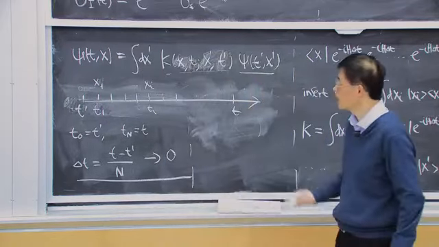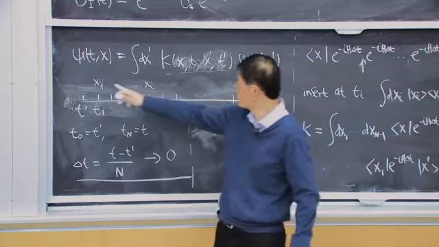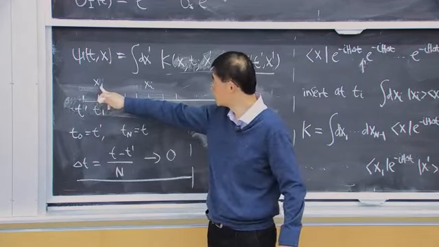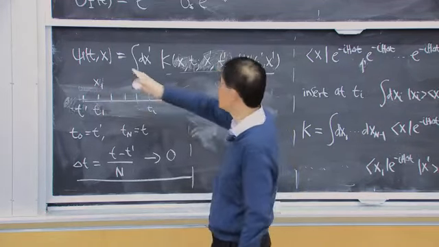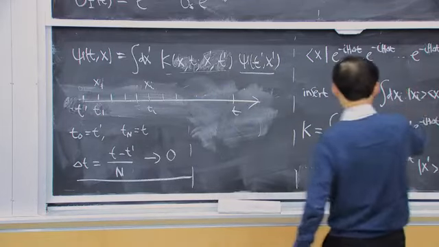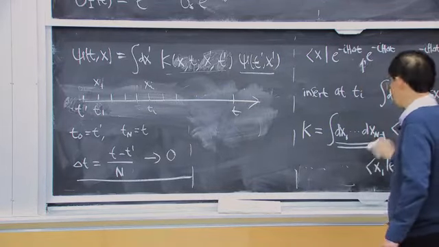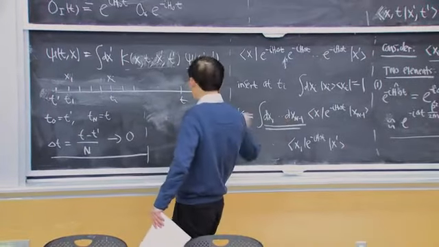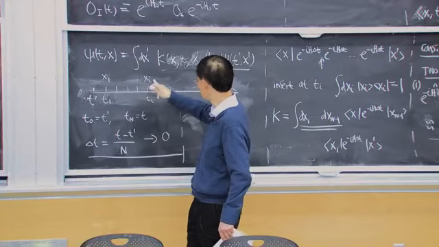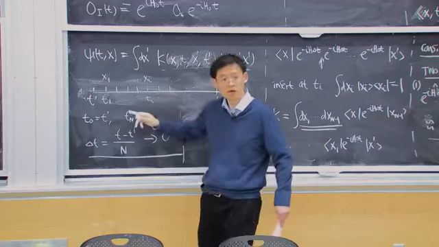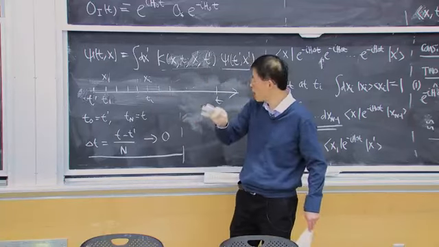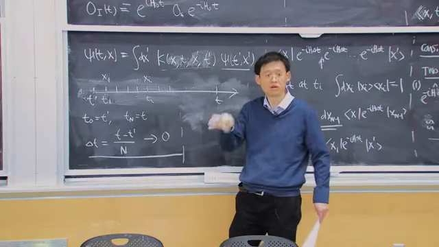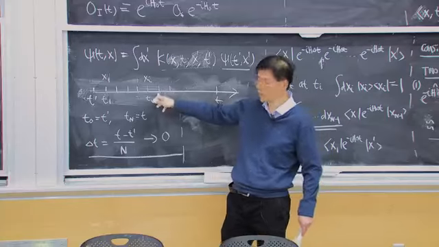Now you imagine for each value of x, because in the end we need to integrate over all possible x. For each particular value of x1, x2, x3, up to xn, we can view it as a function of t evaluated at that point.